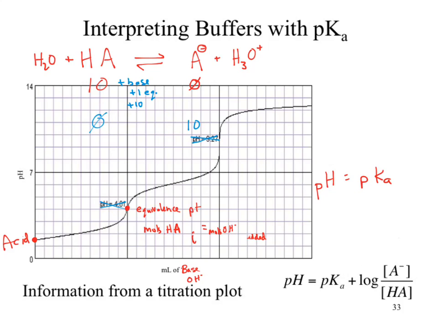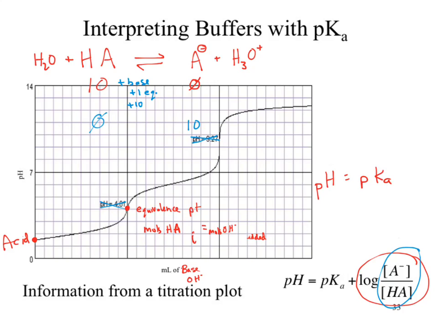Well, for that equation to be true, what does this expression have to equal? 0. Okay. For that expression to be 0, what does this have to be equal to? It has to be the same.